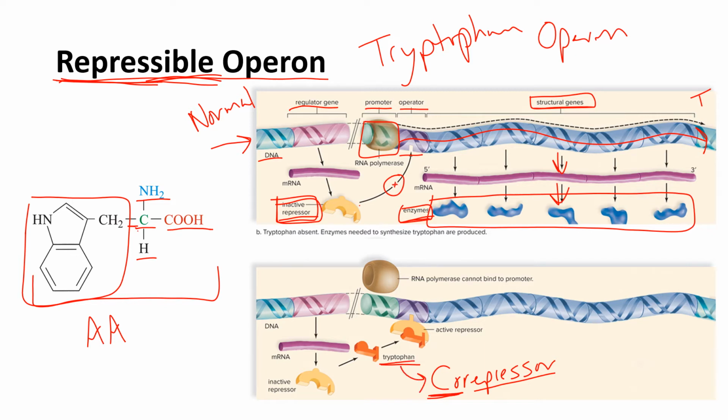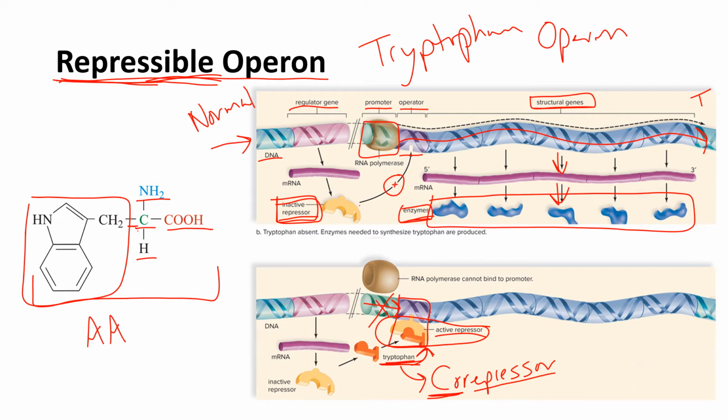So when the tryptophan binds to the repressor, it activates the repressor. So now when that tryptophan is bound to the repressor, you now have an active repressor. The active repressor binds the operator, and when it binds the operator, then that RNA polymerase cannot slide along the DNA, and it cannot transcribe those genes.